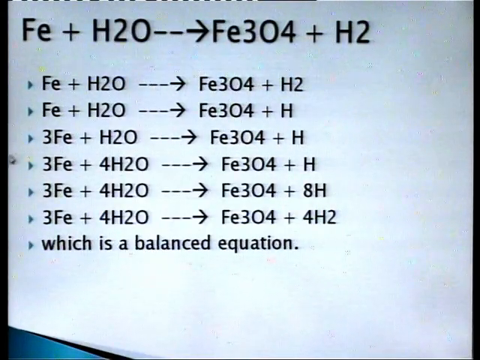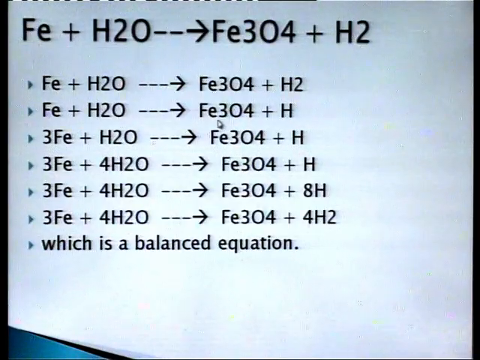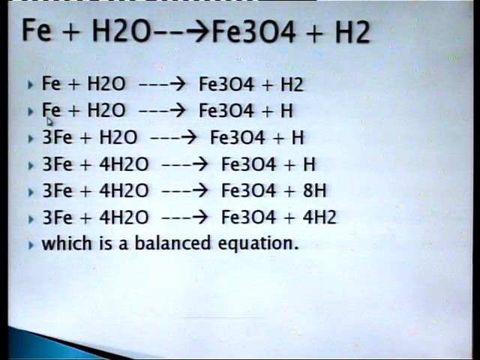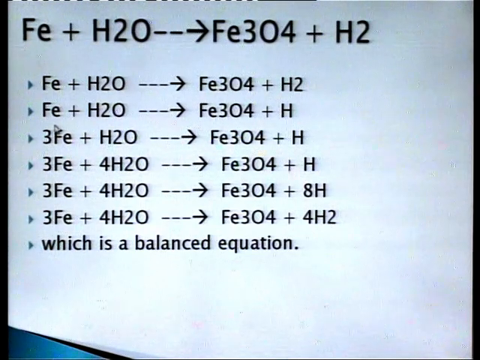Now, in the third step, count the number of iron on the right hand side. There are 3 iron atoms, but this side contains only 1 iron. So, in the next step, multiply iron by 3 so as to get 3Fe.